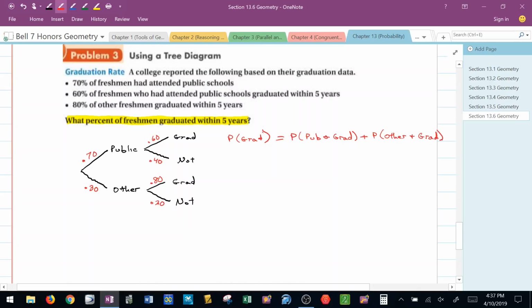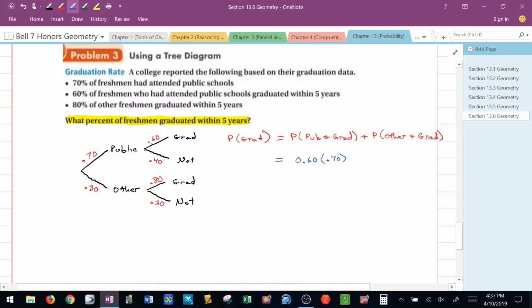All right? So in order to calculate this, I know that the probability of public and grad, public and they graduate, can be found because it's an and statement. I can take 60% and multiply that with 70%.